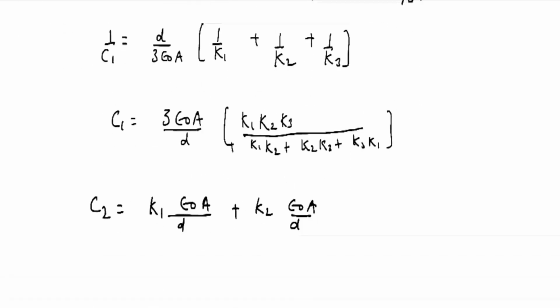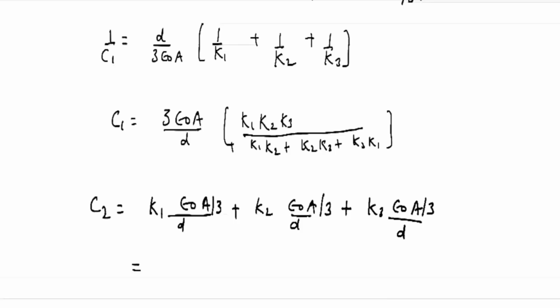So the area of K1 will be A by 3 as the whole area is A, and similarly for K2 and K3. So this will be equal to epsilon naught A by 3d, taken out as common, times (K1 plus K2 plus K3).